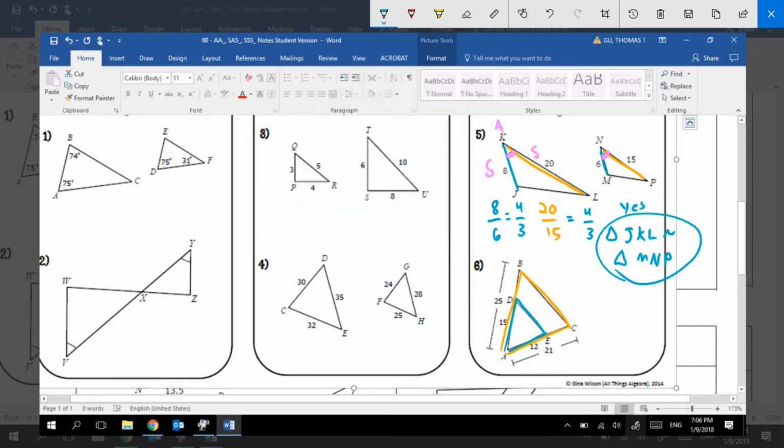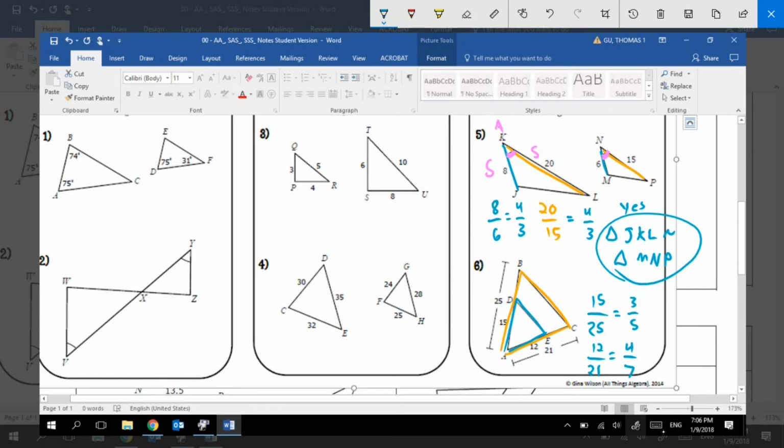We've got 15 over 25, and that's going to reduce to, if I divide both numbers by 5, 3 over 5. And now this other side over here is 12 over 21. And that, if I divide both numbers by 3, is 4 over 7.